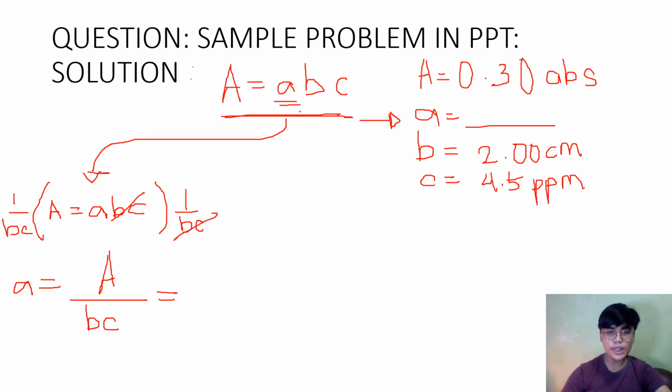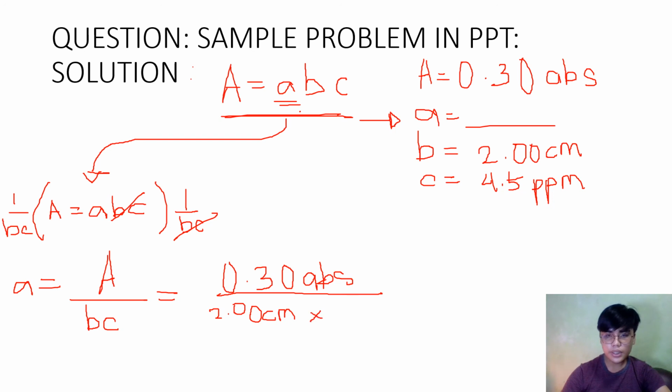Substituting the given values, 0.30 ABS over 2.00 centimeter times 4.5 ppm.